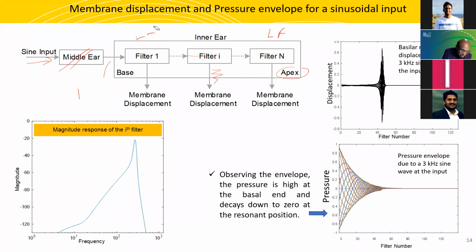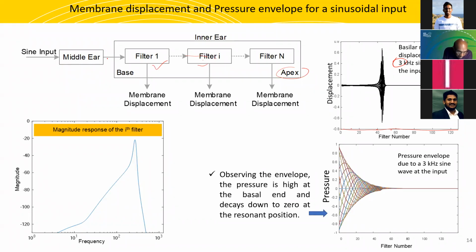What I'm going to demonstrate is this. If I now give a signal of 3 kilohertz, these are filter numbers, filter 1, 2, 3, 4. I have 128 filters. I'm representing the cochlea with 128 filters.